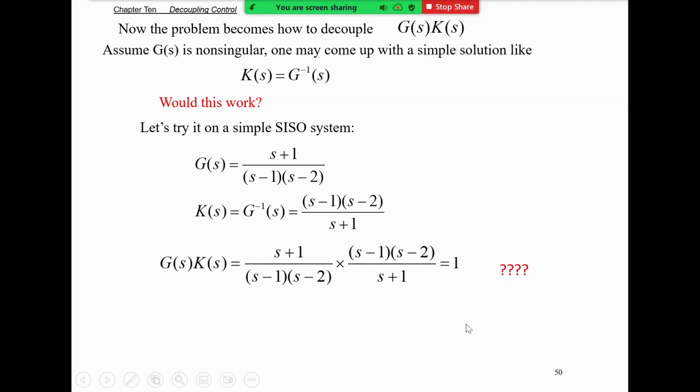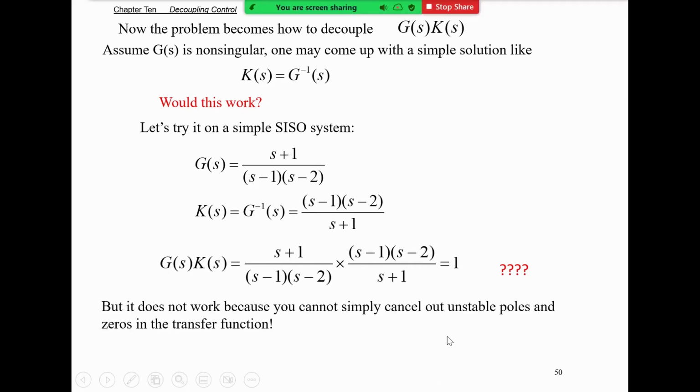Do I have a problem here? Are those two transfer functions, when you put them together, can you cancel out all those terms and get one?